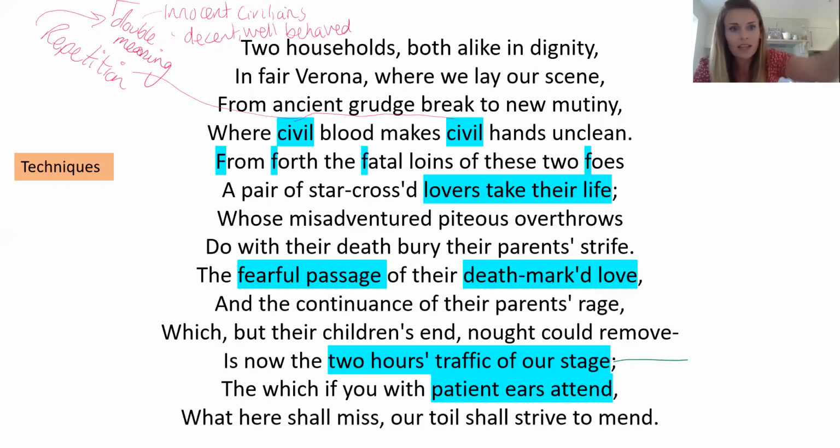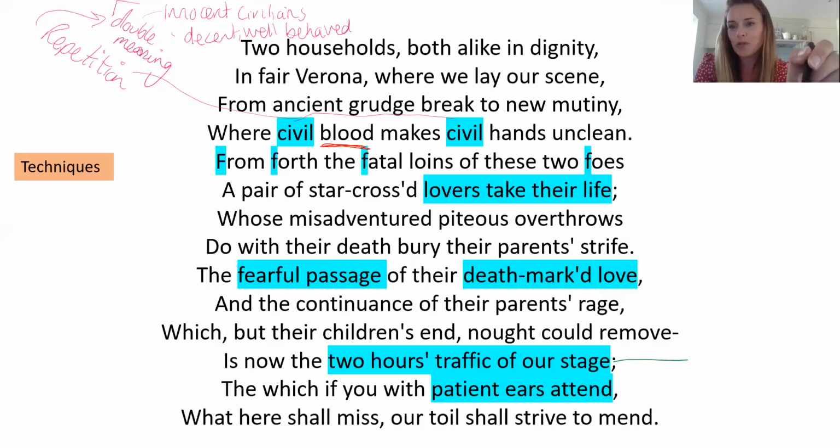Grade 7+. The double meaning could link to two types of "civil". We could be thinking of civilians, the innocent people that are taking on board and starting to become part of this fight, and it's their blood that's being spilt. They're dying. So innocent civilians, people are dying as a result of this conflict. But the other meaning of civil is actually someone who is decent and well behaved, which totally contradicts what the action is that's taking place.